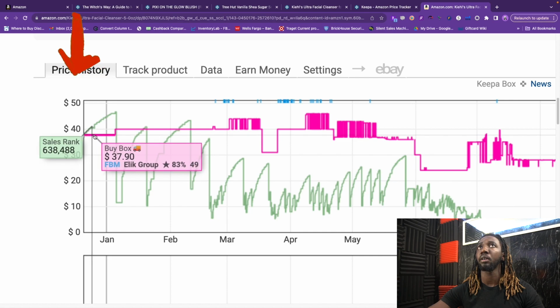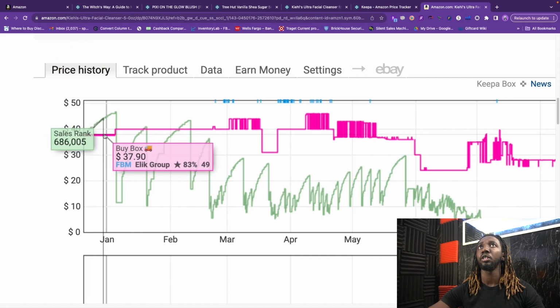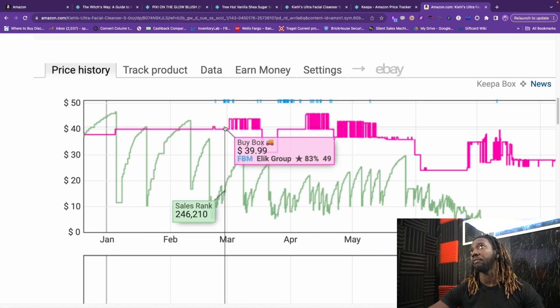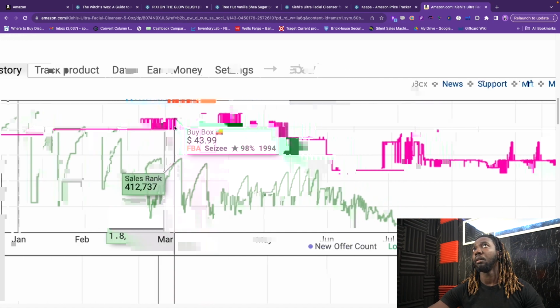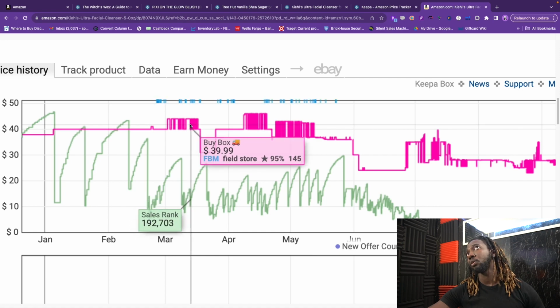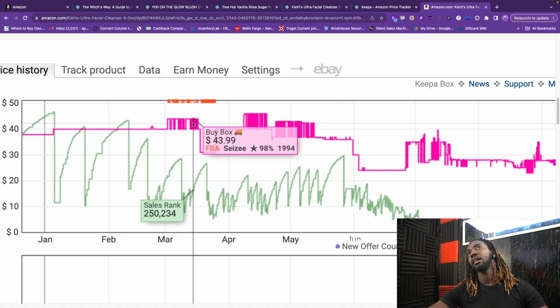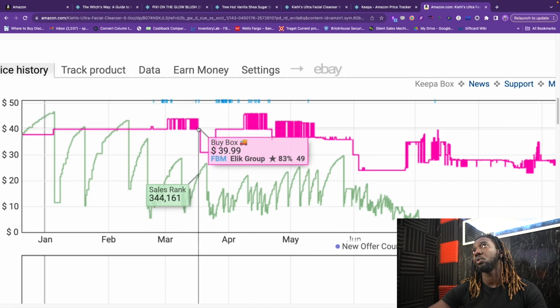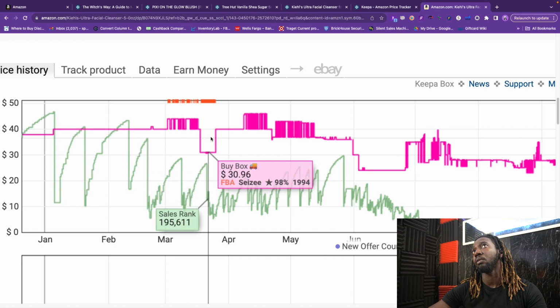So you can see the product was at one point around 37, then it went to 39.99 for a while by an FBM seller. Then it was an up and down battle. This was a rotation, buy box sellers rotating the buy box to different prices, jumping up and down.